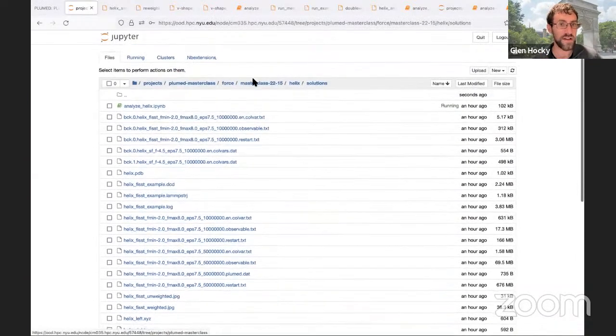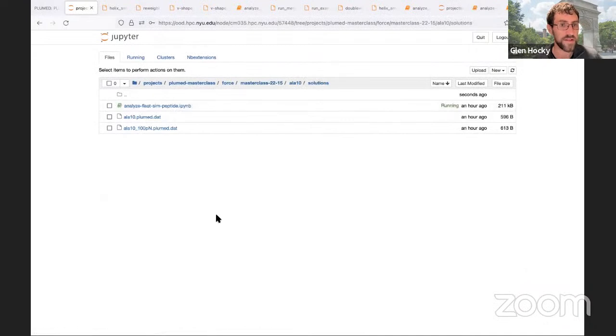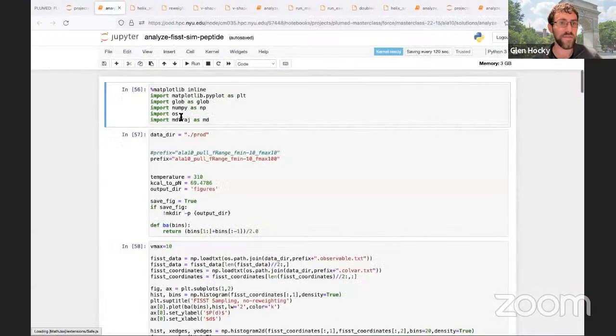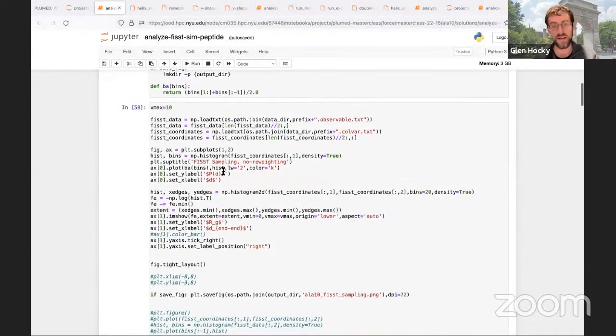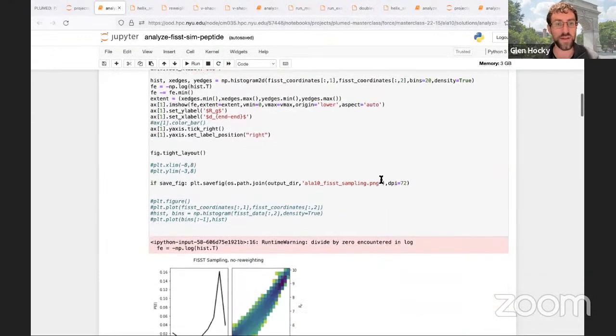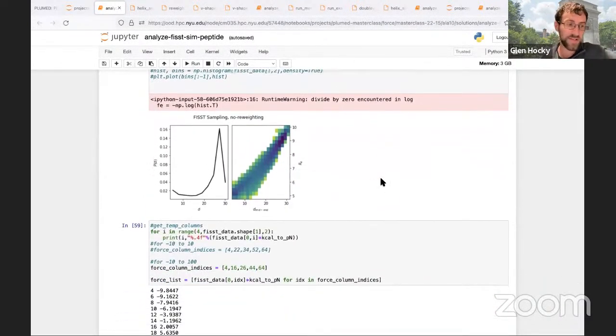So here in the alanine example, okay, let's see. I have run FISST from a small force to a big force, and I load these observable files and reweight to certain values. Now I can talk about a couple things for diagnosing FISST simulations.